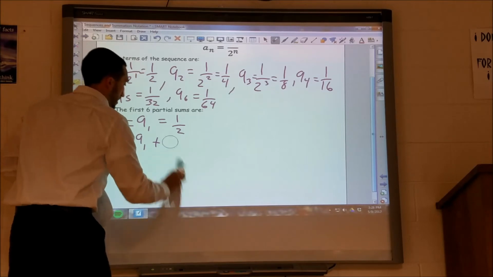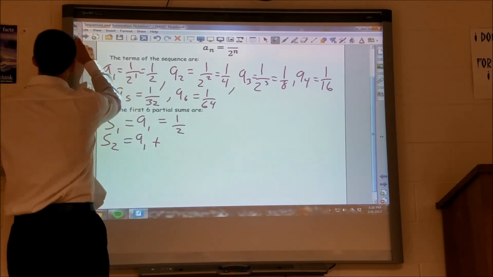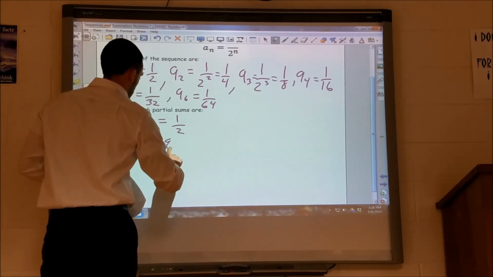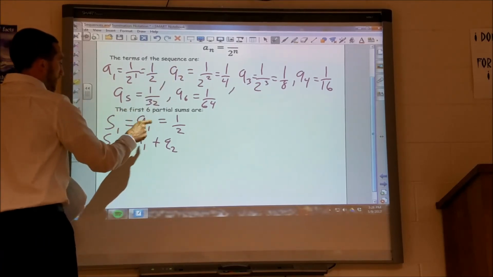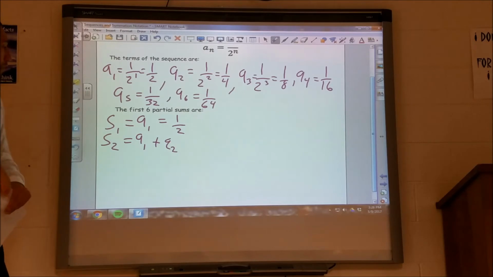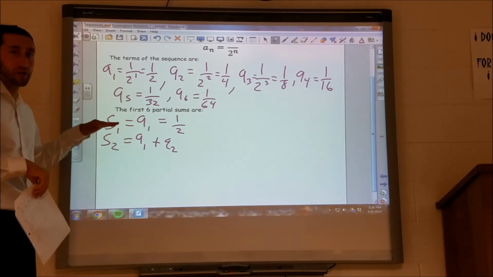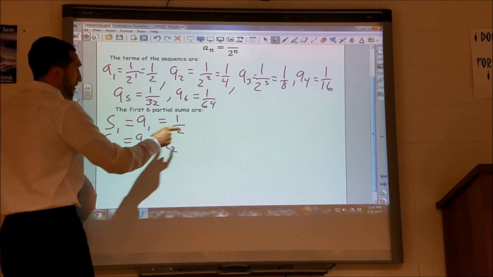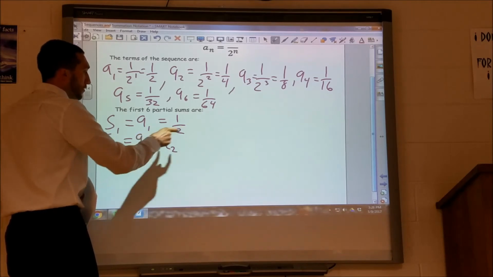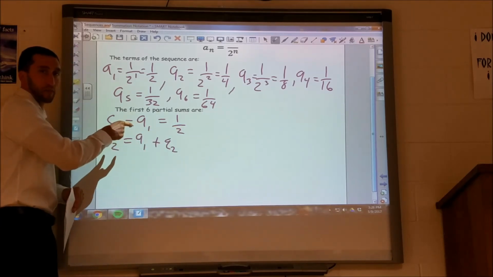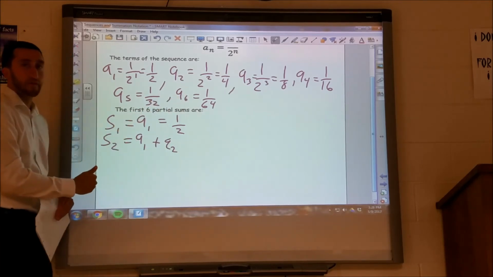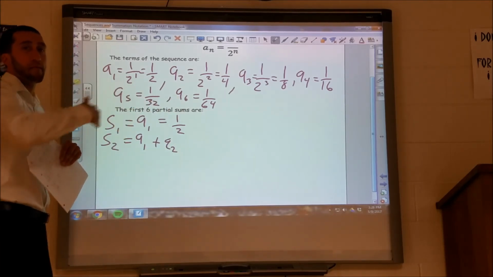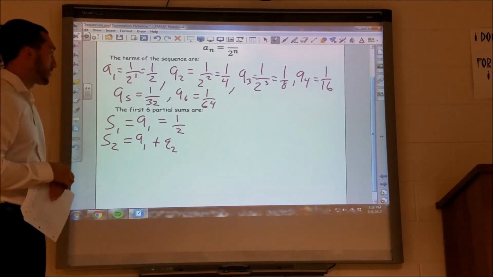That's not a 9, that is an A. Still doesn't look much like an A, but it's my second term added to my first term will give me my second partial sum. Okay, so I'm adding up these first 2 terms to get to the second partial sum. That's basically what we're doing. Whatever partial sum they're looking for, we have to add up that many terms of the sequence.